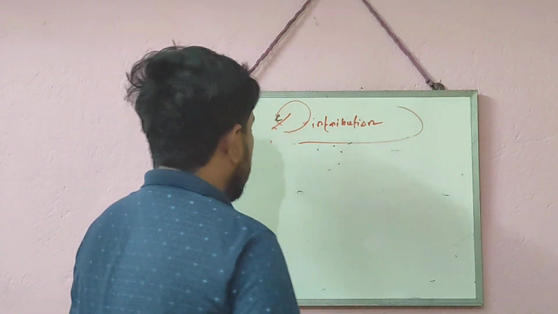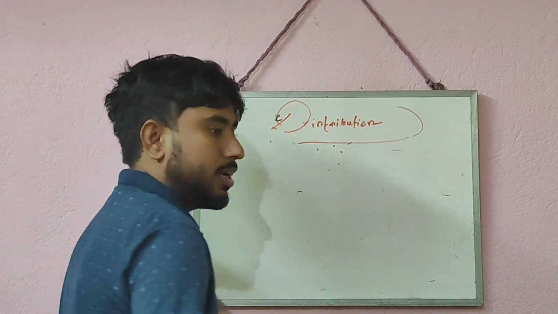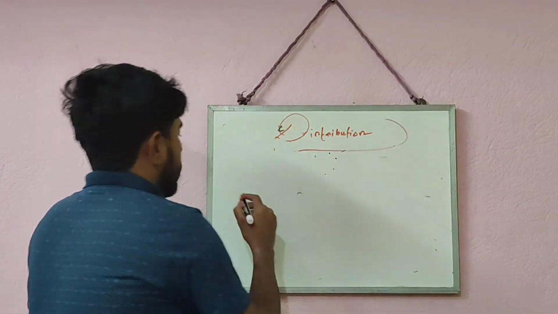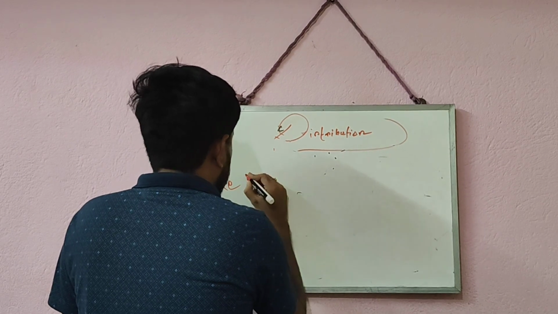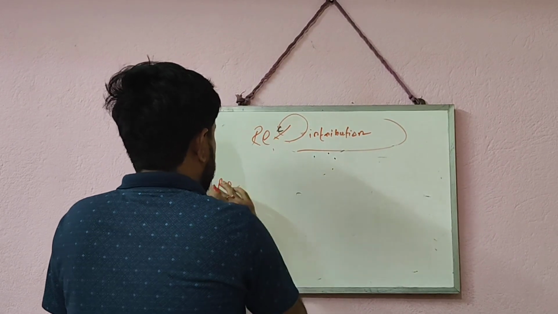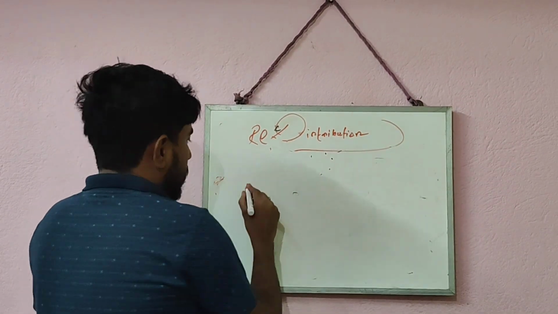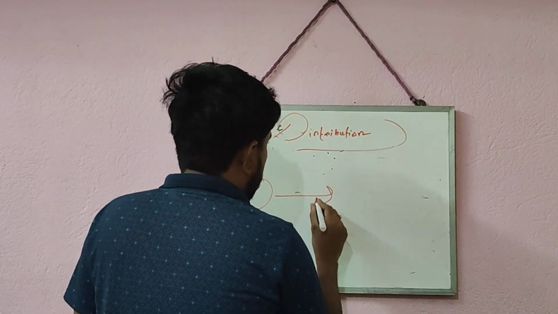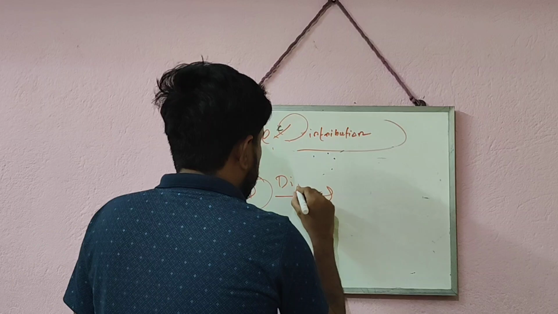The next thing I will go for is a term, that is redistribution. The last thing in distribution, one term, that is redistribution, that we have to study. Just suppose that is a drug. First, that drug will pass through distribution.